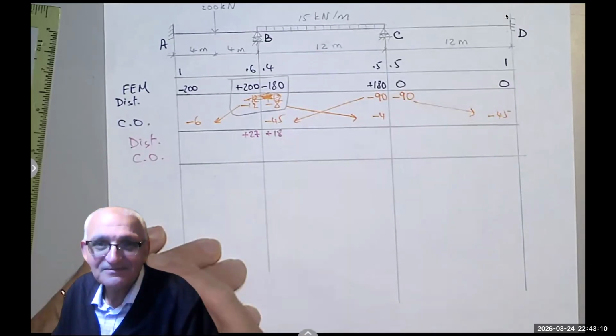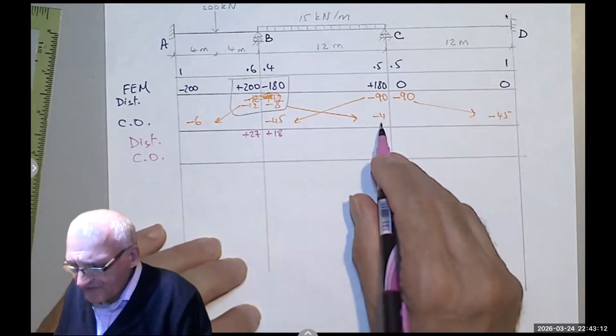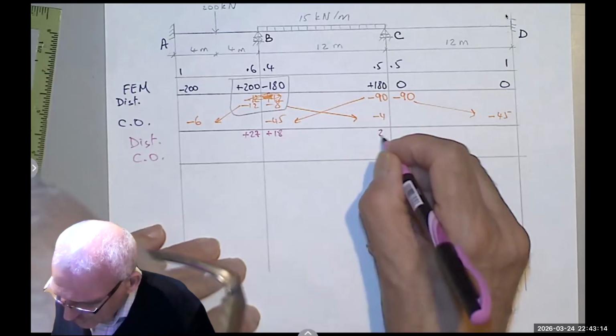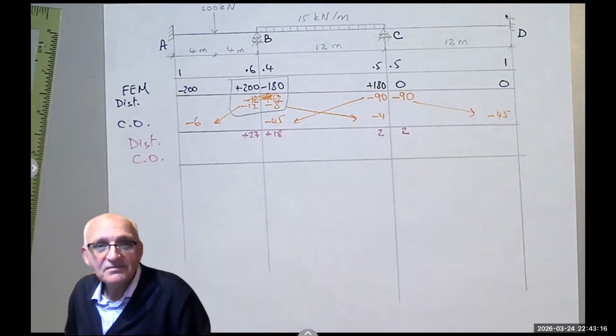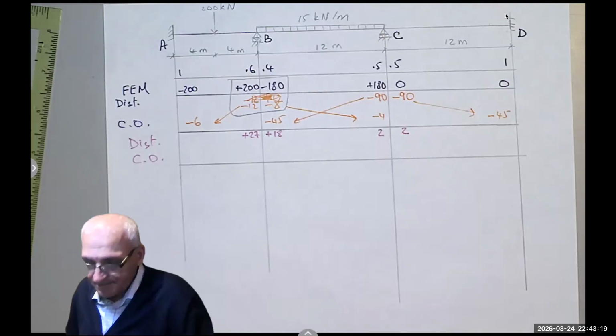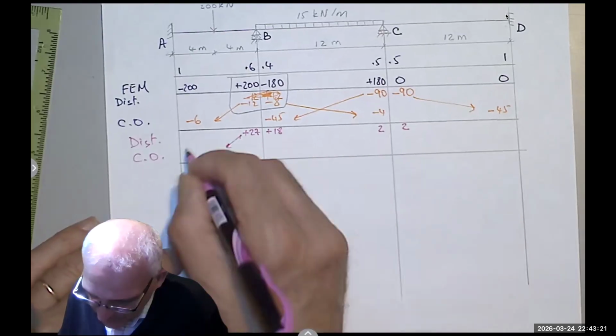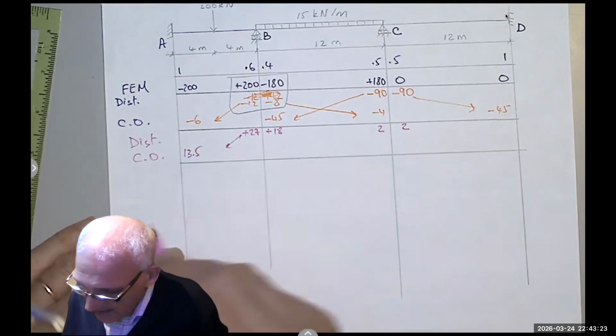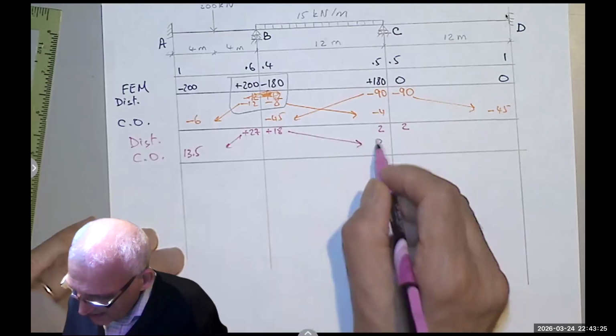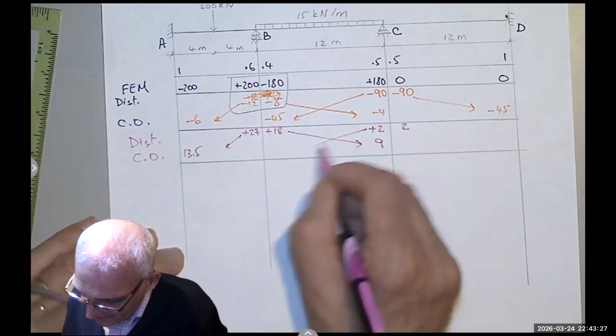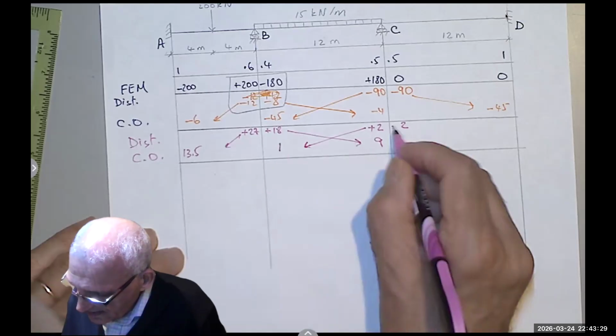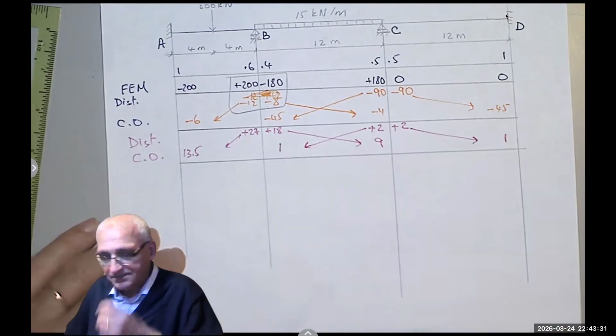I have a balance. Same thing for the negative 4. I make it positive 2 and positive 2. See how easy it is? Half of that will go here, half of that will go here, half of that will go here, and half of that will go here.